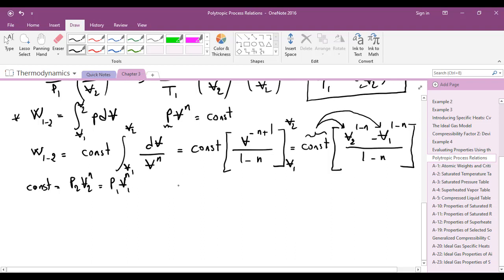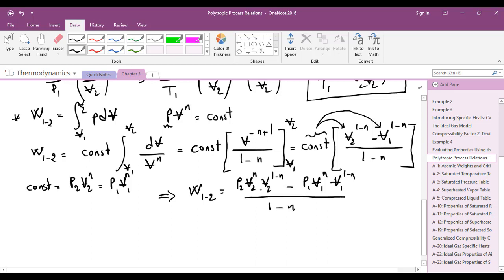So this will simplify the equation. So we will have P2 V2 to the power n into V2 to the power 1 minus n, minus P1 V1 to the power n into V1 to the power 1 minus n, over 1 minus n. So in this way we will have P2 V2 minus P1 V1 over 1 minus n.